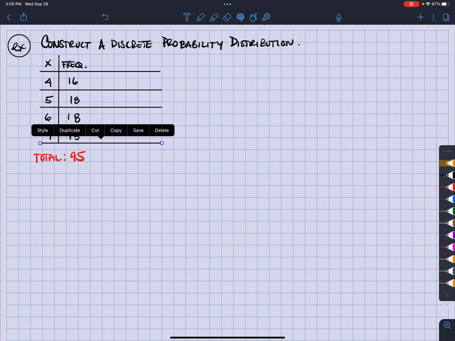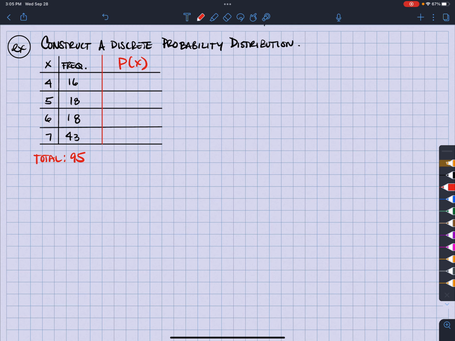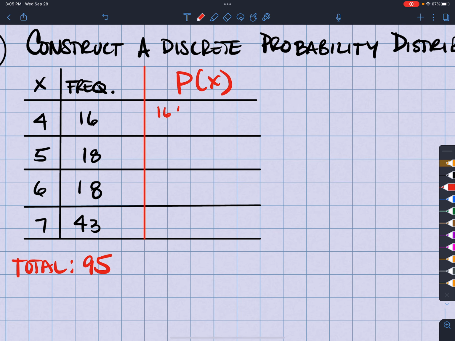So to find the P of X, the probability, I would have to do the 16 divided by the 95, and I'll get 0.1684.